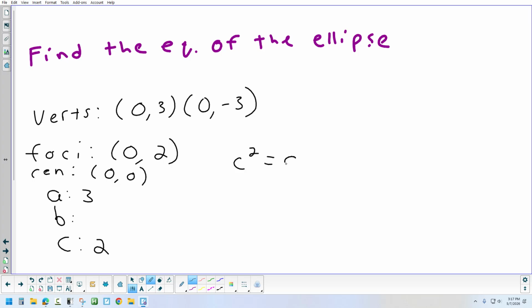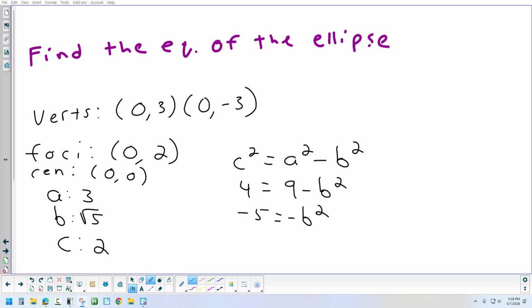Yep. So we get 4 equals 9 minus B squared. So what are we going to get when we finish solving that for B? B equals square root of 5.